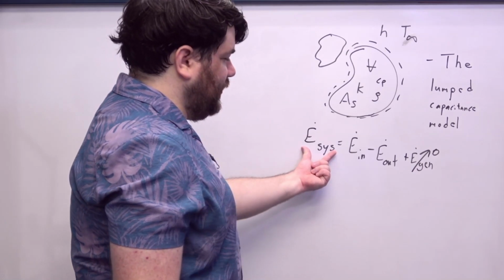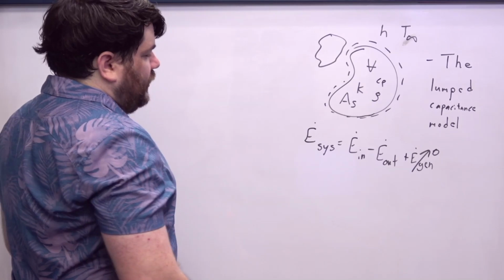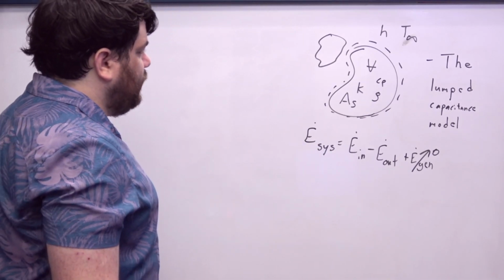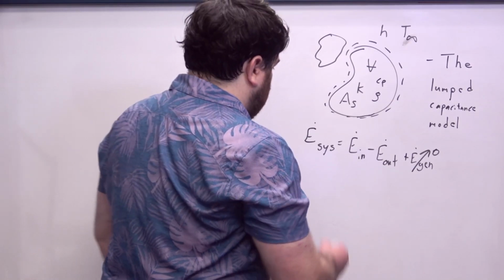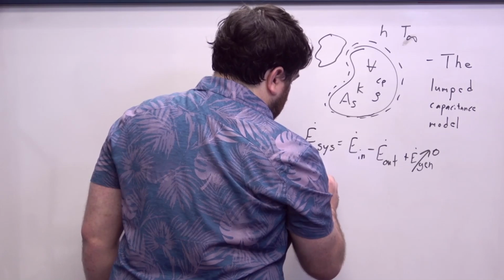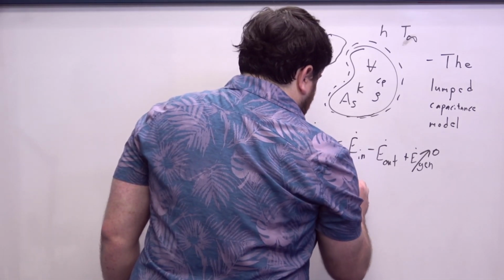We can also, and this is going to be the key one, take a look at what the behavior of this term is. And we had said before that this rate of change was something that looked a little bit like this: Cp rho times the volume times the temperature.